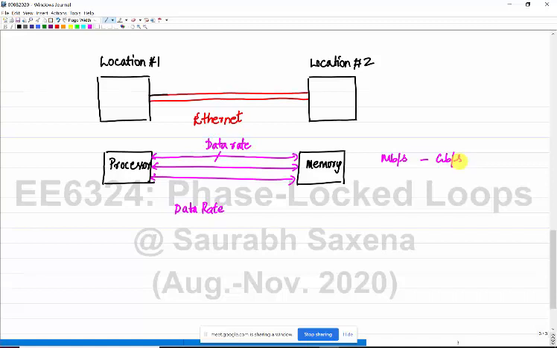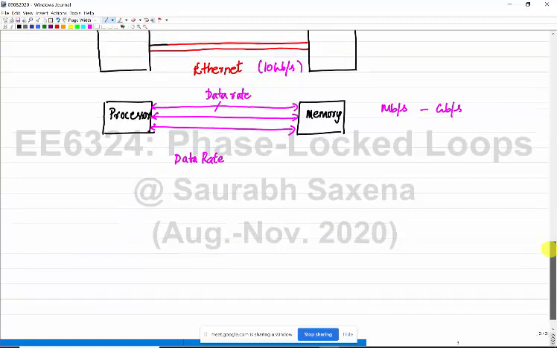Okay, Ethernet, you may be looking for a 10 gigabit per second Ethernet or something. Now the question is, when we say this is 10 gigabit per second or a certain megabit per second, what does it mean?